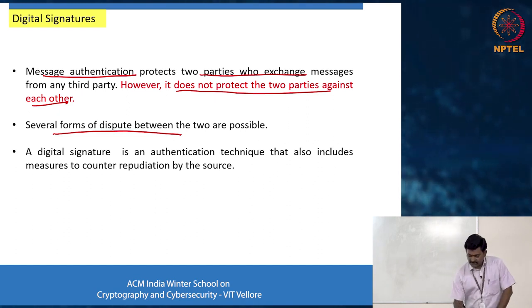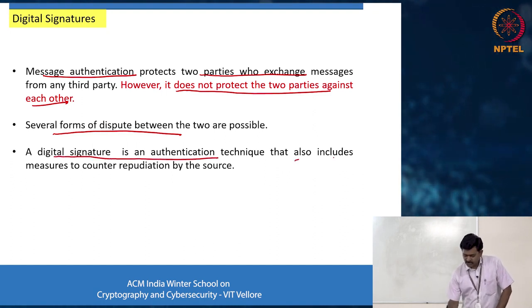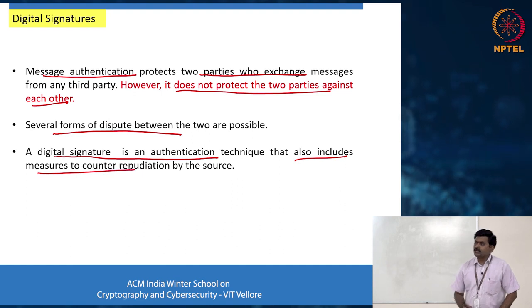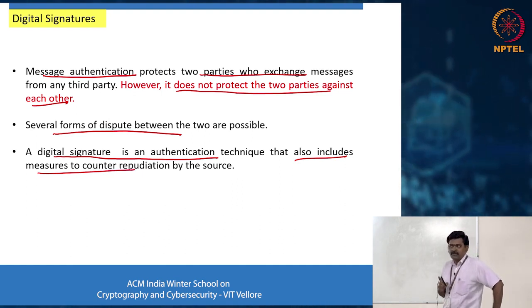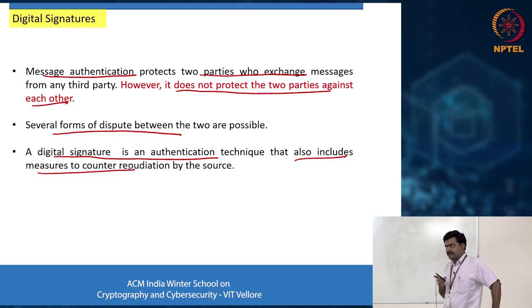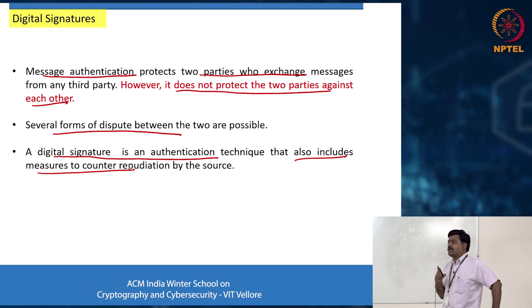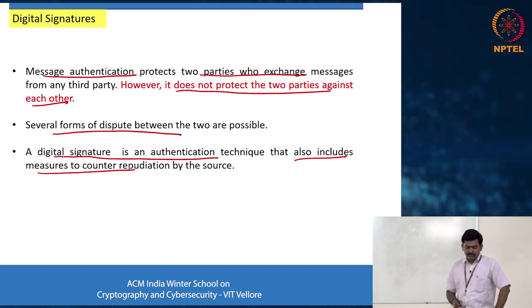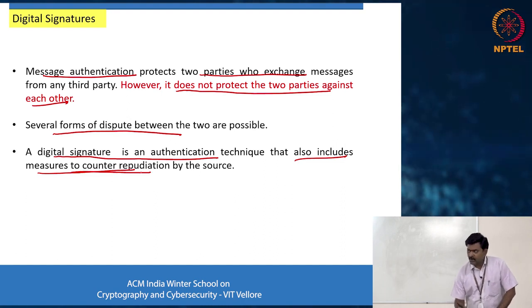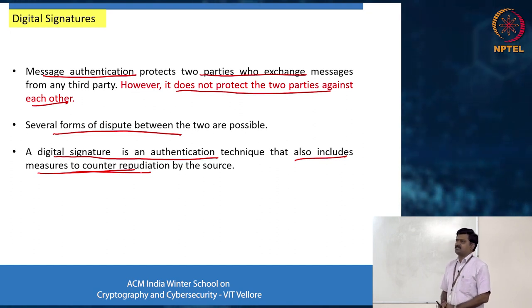So what is a digital signature? A signature is an authentication technique which also includes a measure to counter repudiation. In the very beginning we talked about confidentiality, availability, integrity, authentication, and I said non-repudiation, right? So what is the digital signature doing? Countering repudiation. What is countering repudiation? A message is sent and the sender says that no, I have not sent the message.